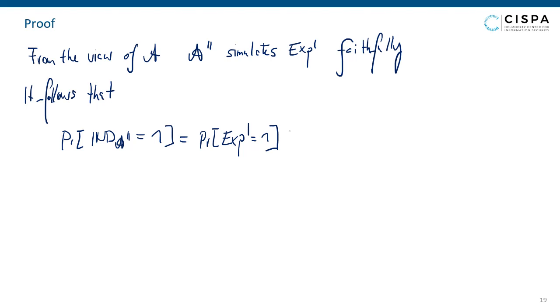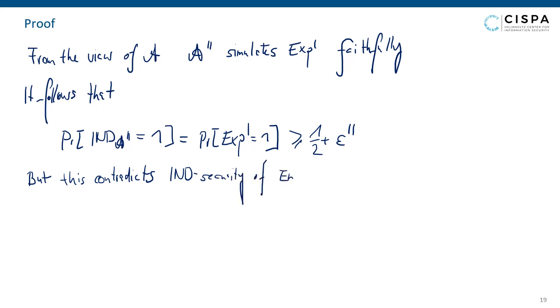Here we said that this is greater than 1/2 plus epsilon double prime, where epsilon double prime was something non-negligible, but this contradicts the security of the private key encryption scheme EncDec. Okay, so this concludes this proof.